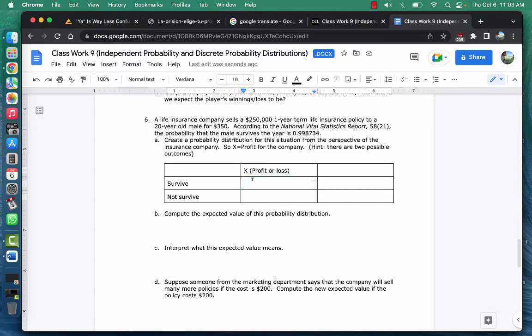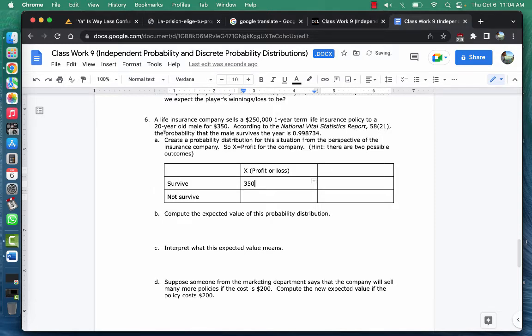So if the 20-year-old male buys the policy for $350 and then survives the year, the company will make $350. If the person survives the year, there's no payout of the life insurance policy. They just keep the money.